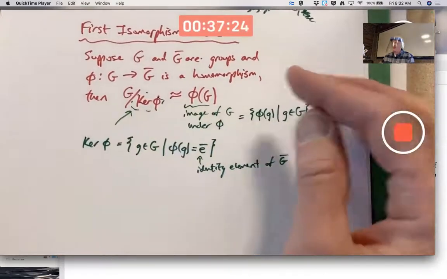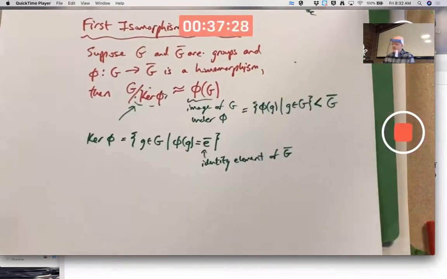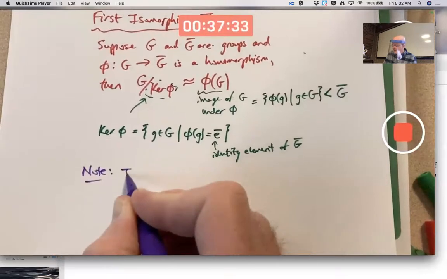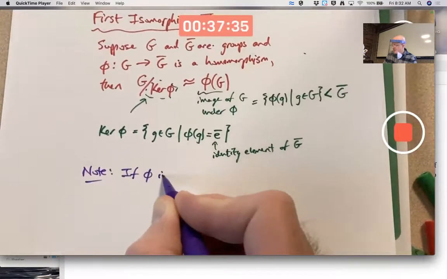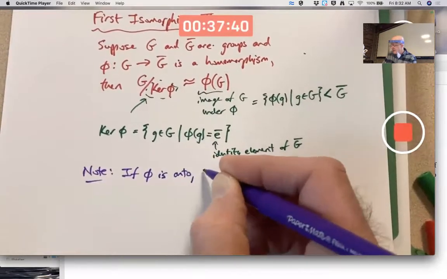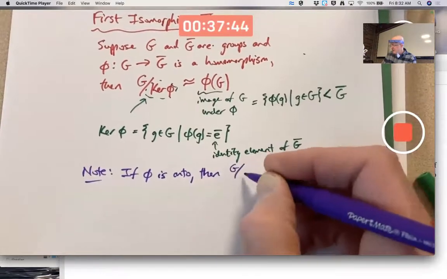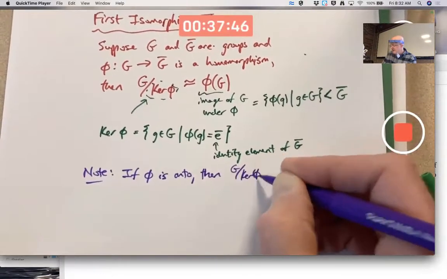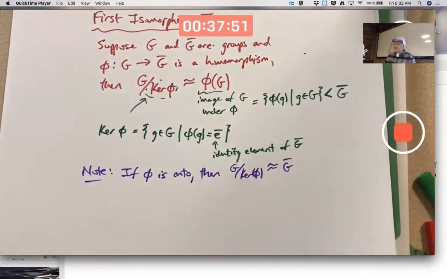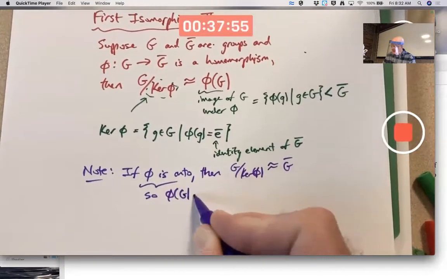And by the way, note, if phi does happen to be onto, but not necessarily one-to-one, then this says that G by the kernel of phi is actually isomorphic to G bar, the entire group, because if phi is onto, then its image is the entire group G bar.